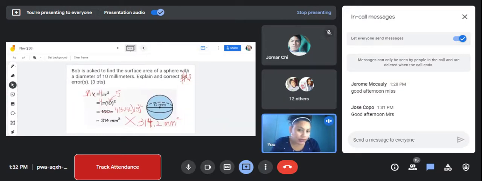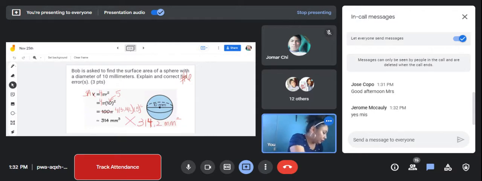Does anybody have any questions with that, or can I move on to the following shape? Was it clear, guys? Surface area of a sphere.